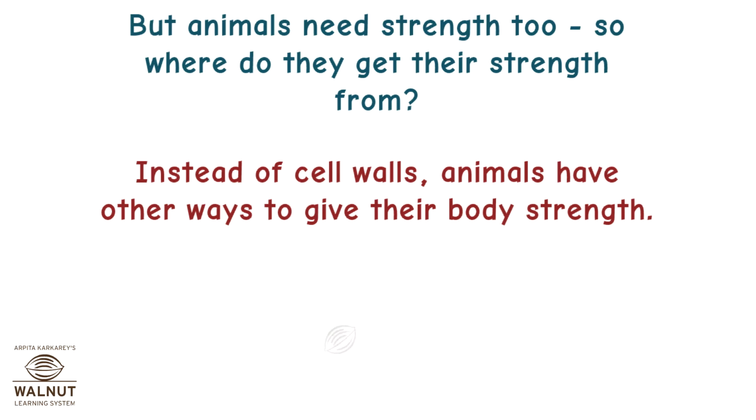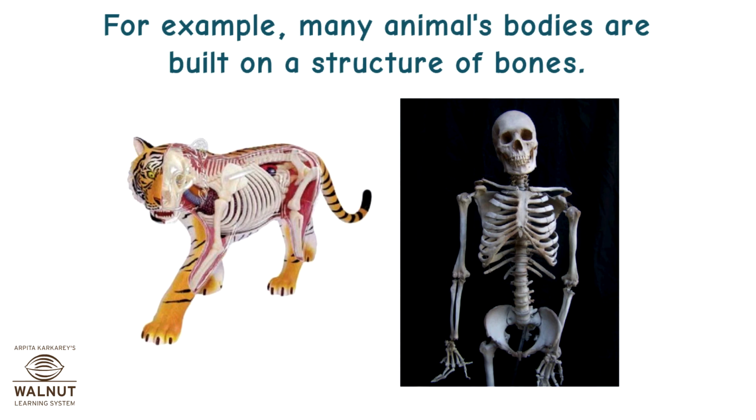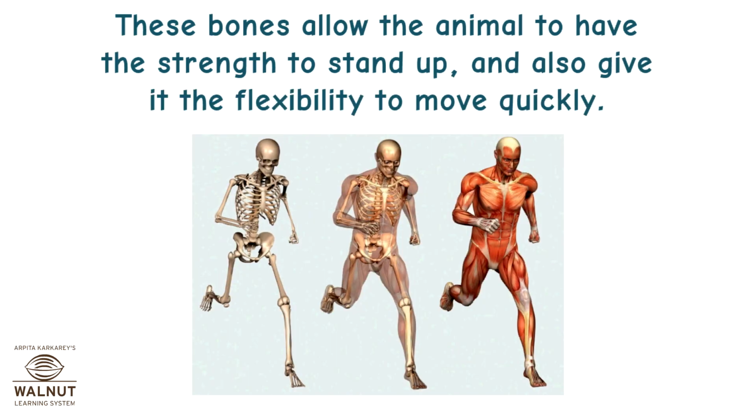Instead of cell walls, animals have other ways to give their body strength. For example, many animals' bodies are built on a structure of bones. These bones allow the animal to have the strength to stand up and also give it the flexibility to move quickly.